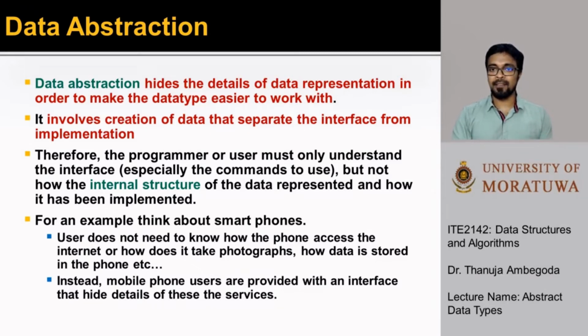This makes life easier for the programmer because you don't have to think of low-level, machine-level memory operations or memory details. So that's data abstraction. It hides away the details of the data representation.